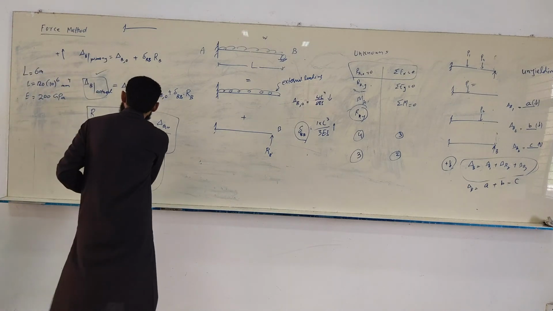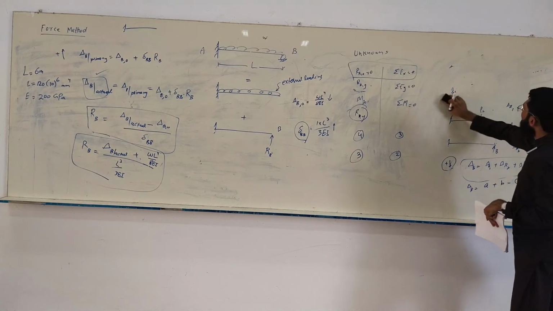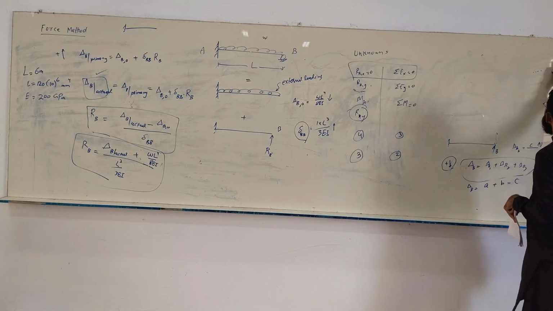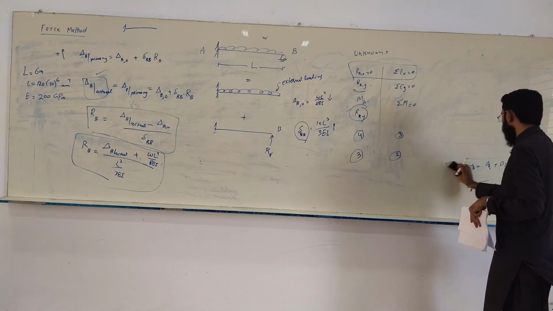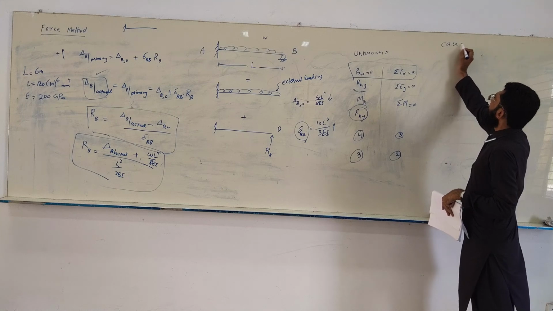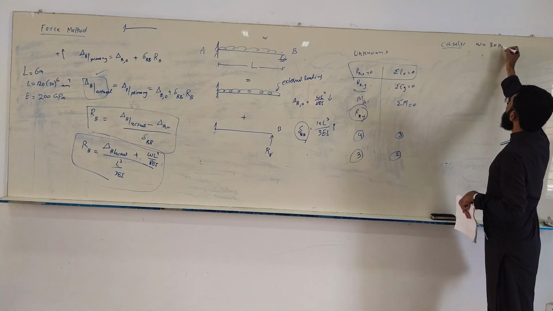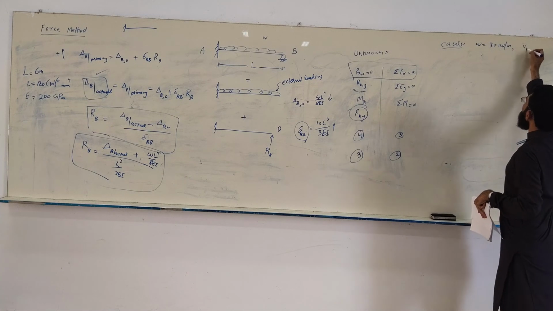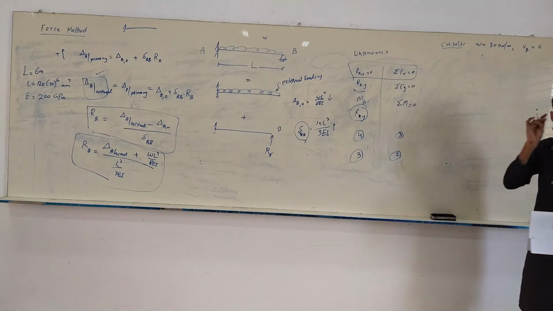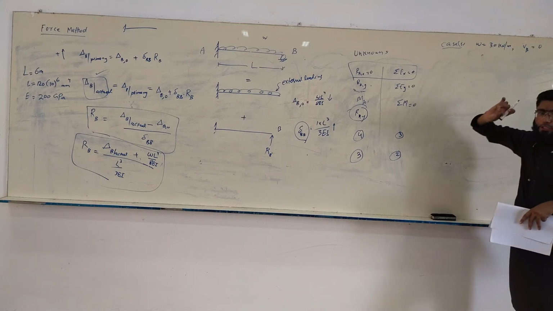So now let's discuss case 1. Case 1 is W equal to 30 kilonewton per meter and VB equal to 0. So support B is unyielding, so VB is 0 and W is 30 kilonewton per meter.